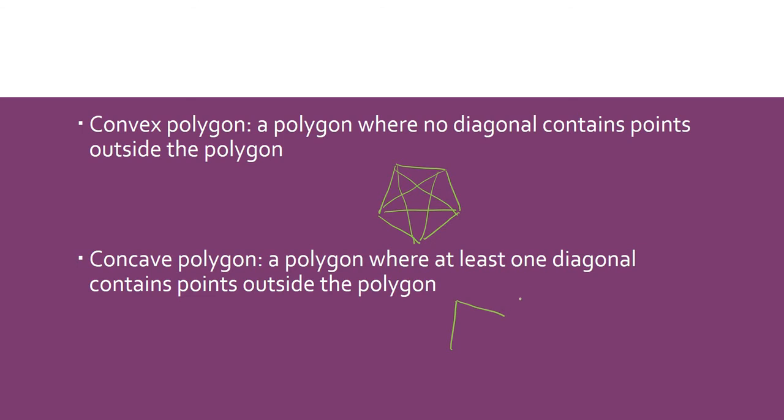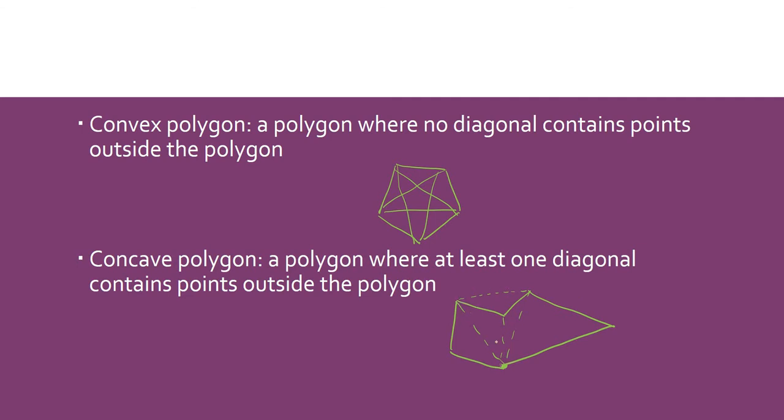Concave means that the sides of the polygon go in, so that at least one of the diagonals, in this case this one, that's also a diagonal, that's a diagonal, that's a diagonal. So those are 3 diagonals from this vertex.